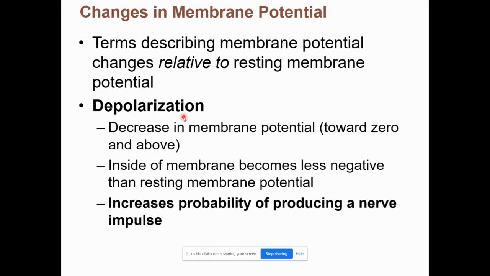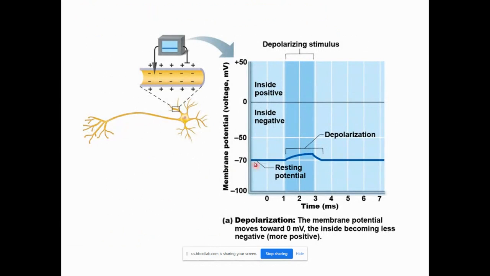The word depolarization means we have a greater chance of producing a nerve impulse, whether it's a graded potential or action potential. Here's -70. By the way, you get a nerve impulse when the negative becomes positive. When we cross the zero, now that's a nerve impulse, so these charges flip. So right here, look what happened to the membrane. It was at rest, -70, but all of a sudden we got closer to zero.